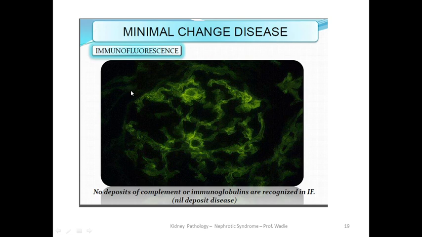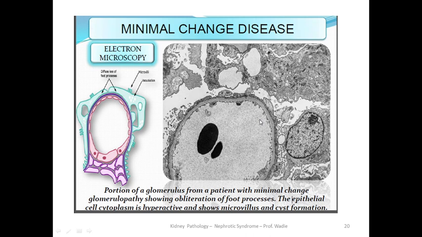This is the picture of a normal glomerulus, so there are no deposits of complement or immunoglobulins. Another electron microscopic picture of minimal change disease, in which we do not find the foot processes that we know.